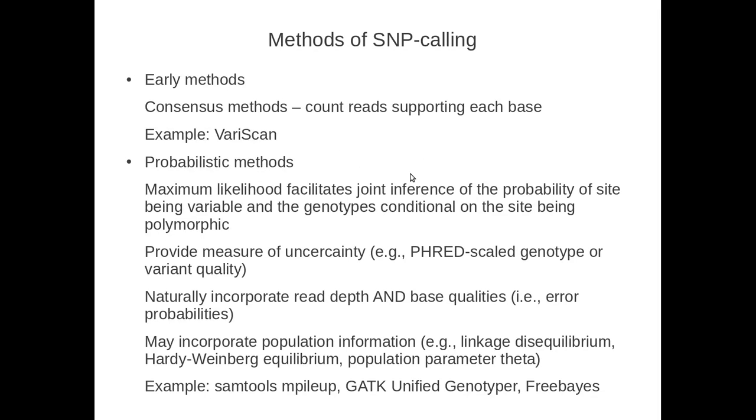And they use a technique for parameter estimation in statistics called maximum likelihood that allows you to estimate the probability of a genotype given the data that are available to you.